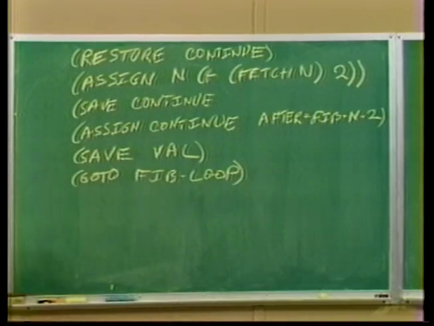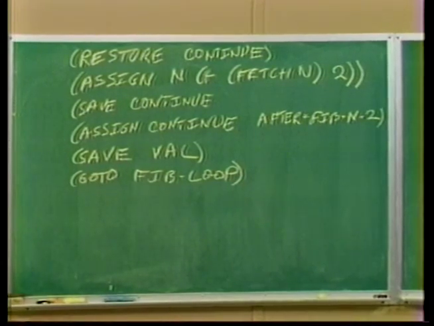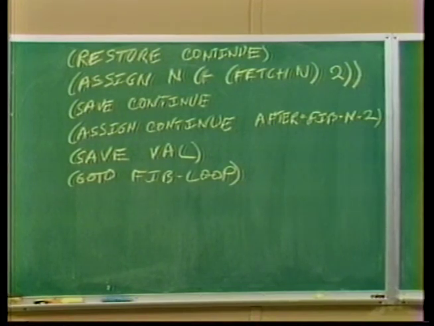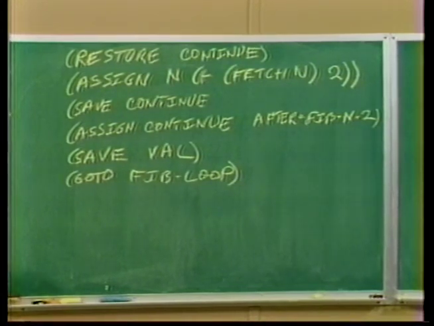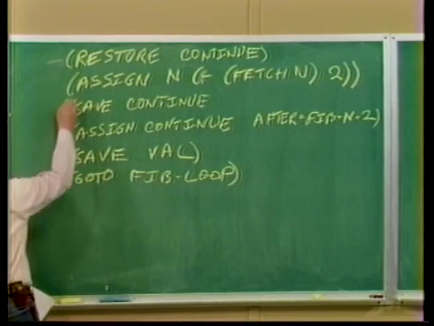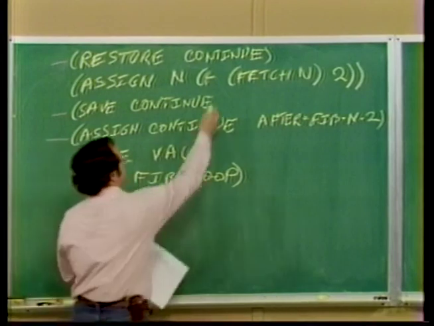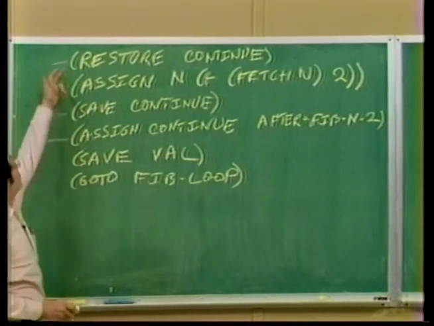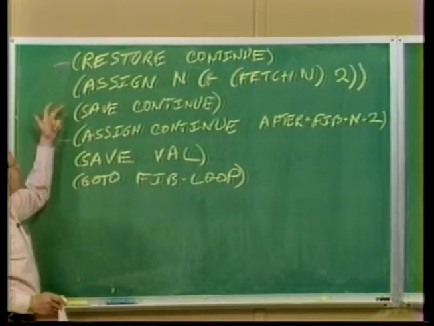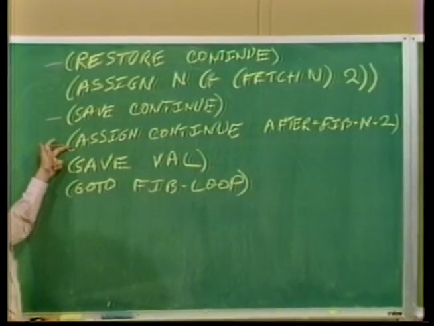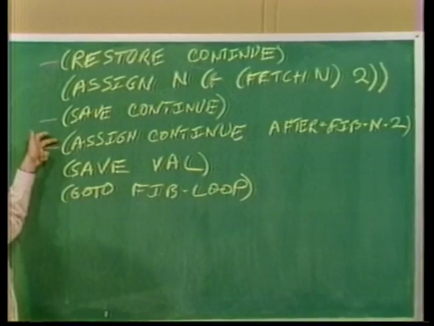Now, before I go any further and continue and finish this program, I just want to look at this segment so far and see, oh yes, there's a sequence of instructions here, if you will, that I can do something about. Here I have a restore of continue, a save of continue, and then an assign of continue, with no other references of continue in between.